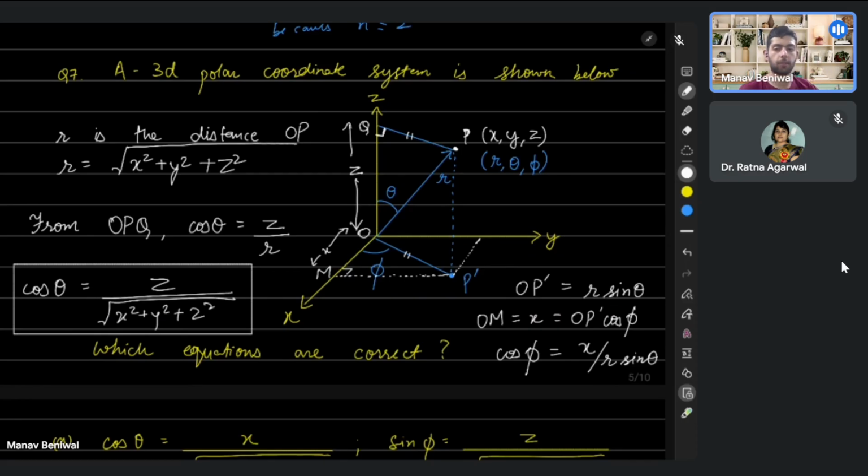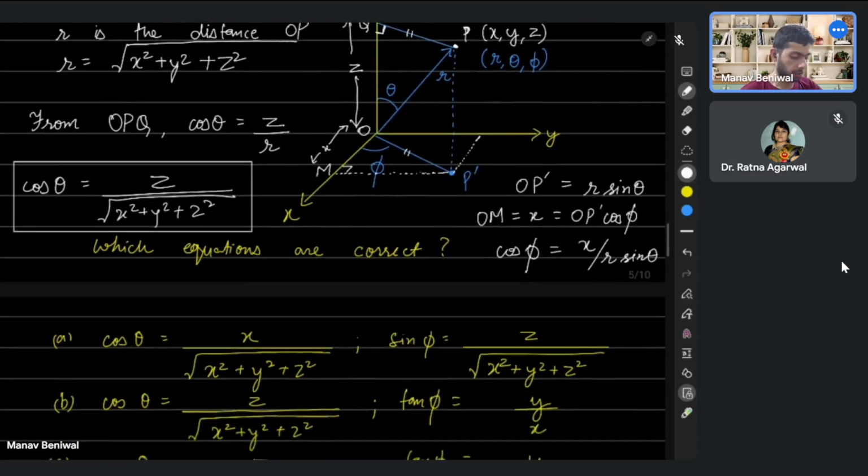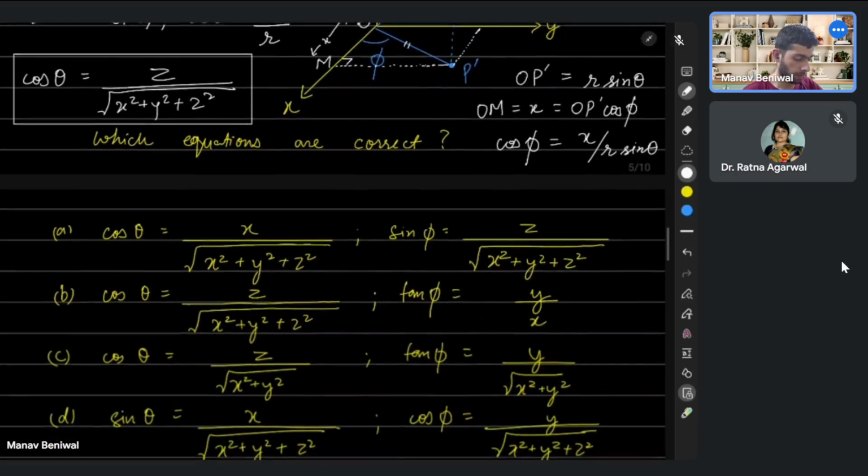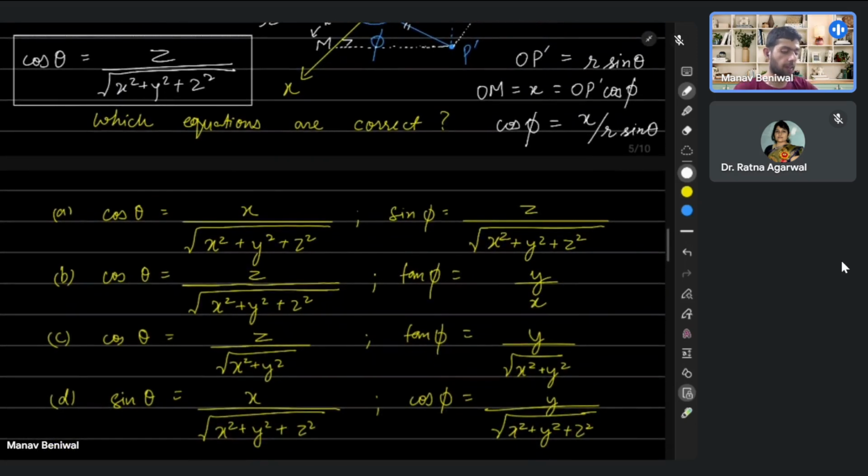Now let's have a look at our options. We have already calculated the value of cos theta, and you can see that it matches with option B. The rest are all wrong. So option B is correct. Let us check if tan phi is equal to y by x.